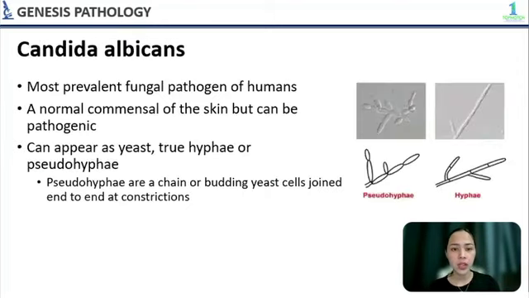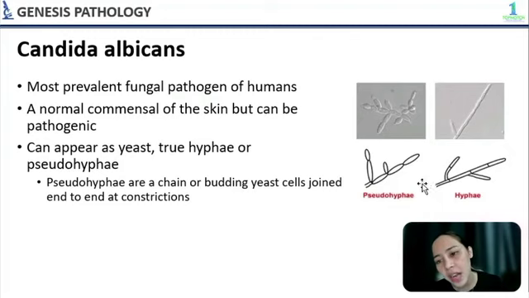So probably one of the most important, no, fungi, Candida albicans. This is the most prevalent fungal pathogen of humans. This is a normal commensal of the skin, but it can become pathogenic, especially if there is immunocompromised state. So important dito, tandaan nyo, basta pseudohyphae, characteristic yan ng Candida albicans. Okay?